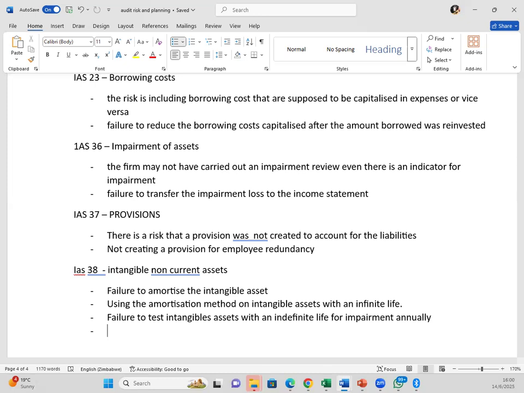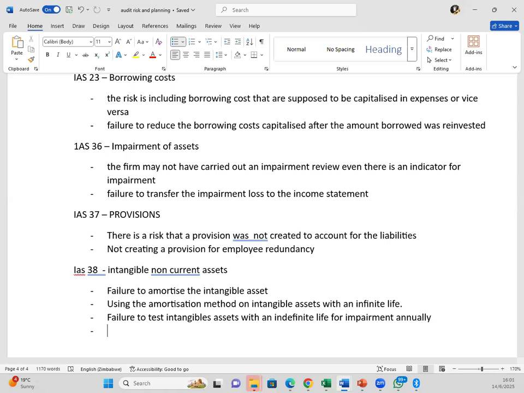To you, this is an intangible non-current asset that doesn't have a defined life. They will just say that the company obtained a license for an indefinite period. Then they are done. As an auditor, it's you that has to figure out what could be a problem, what could they have done wrong.